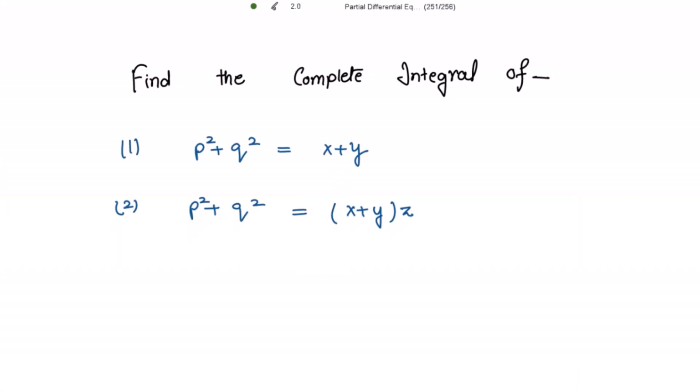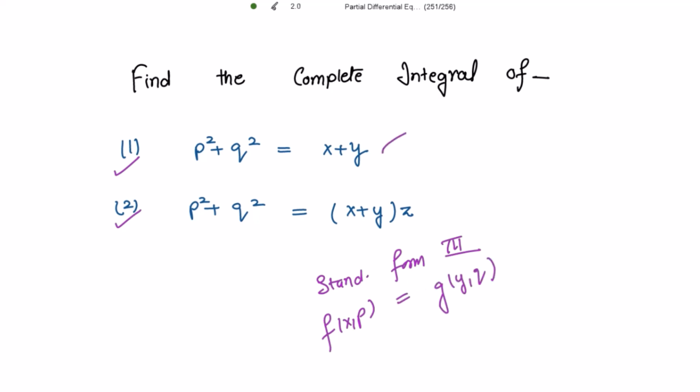Good morning. We need to find the complete integral of these two differential equations, and we are going to use here the standard form 3, which is of the format f(x,p) = g(y,q).